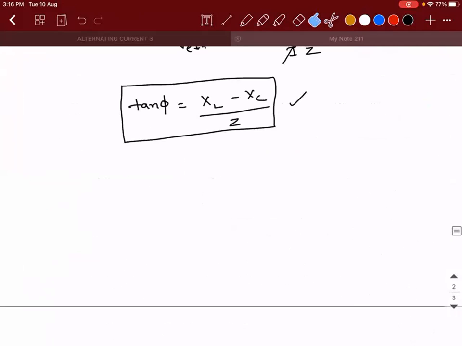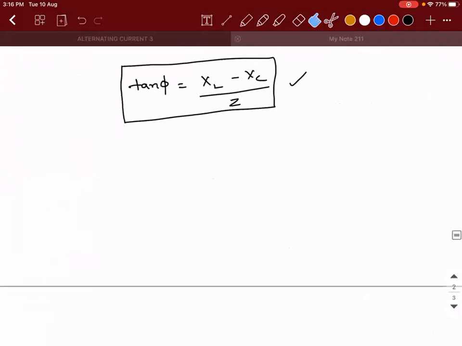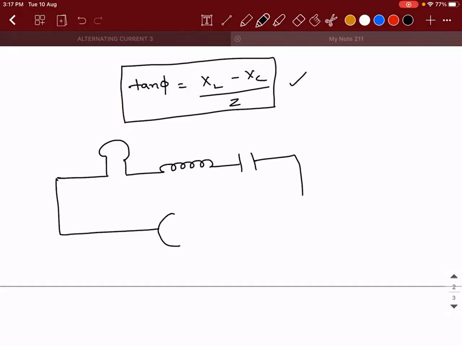So if I take a bulb which is connected across an inductor and capacitor in series across an alternating AC source like this.